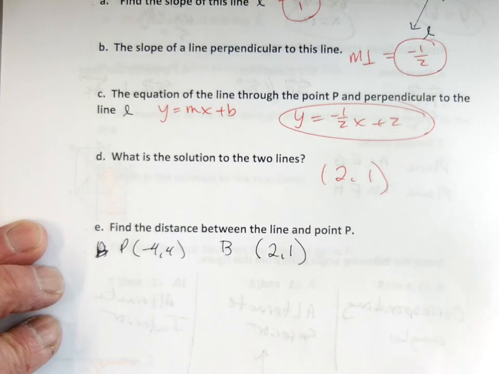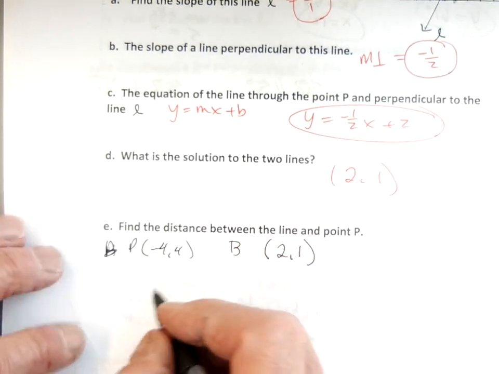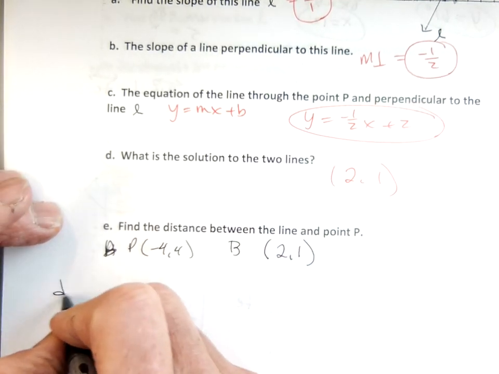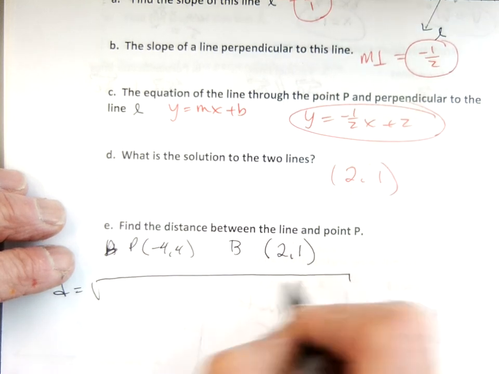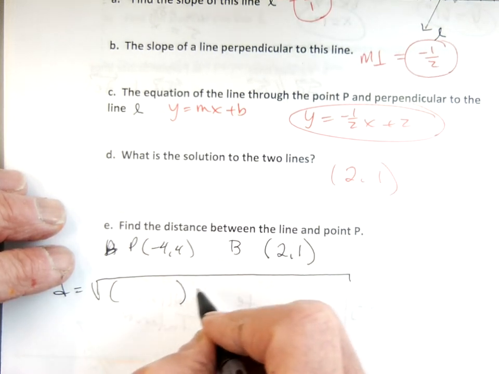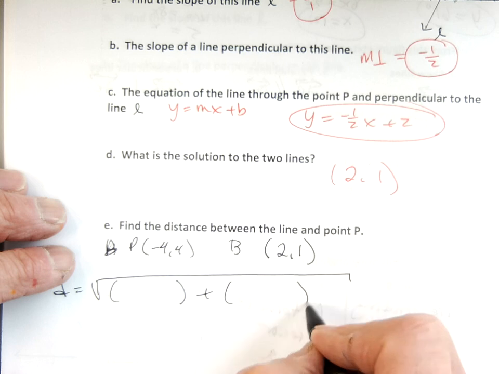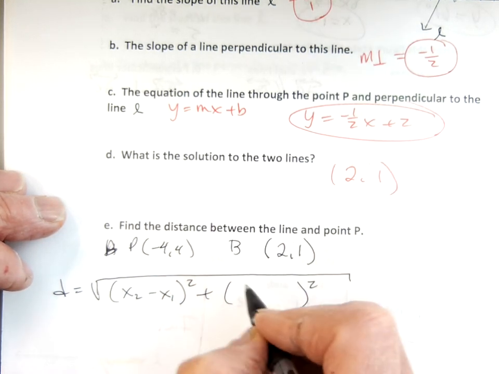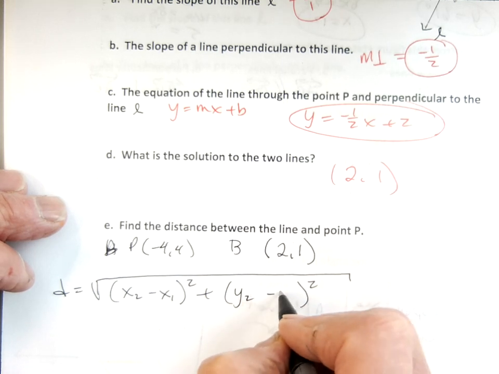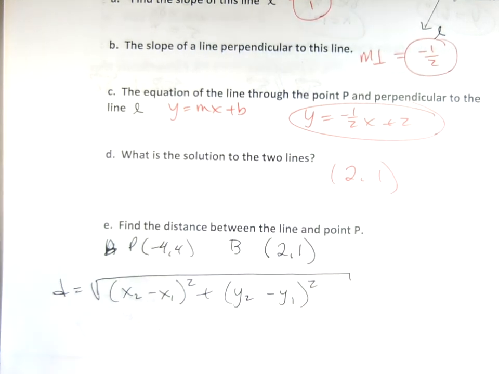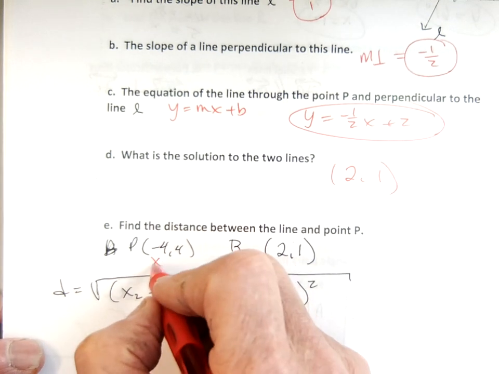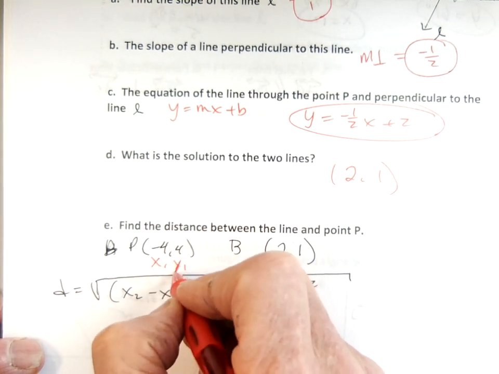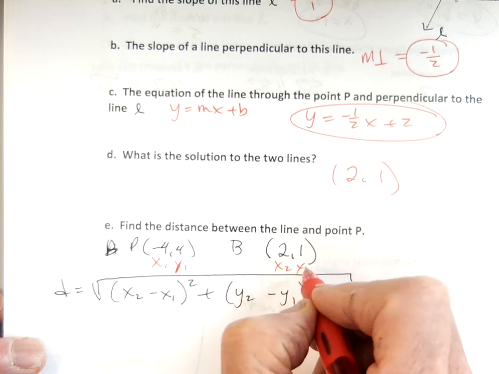So I want to find the distance. You can use Pythagorean's theorem, a squared plus b squared equals c squared, or you can use the distance formula. Either way, I'm going to use the distance formula. x2 minus x1, y2 minus y1. Every point has an x and y, x1, y1, x2, y2.